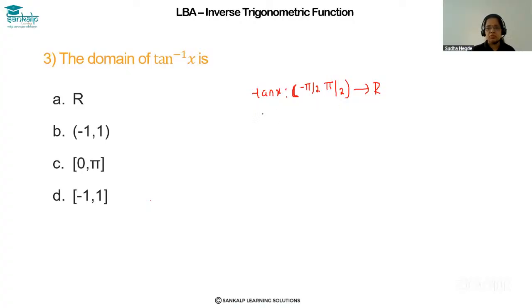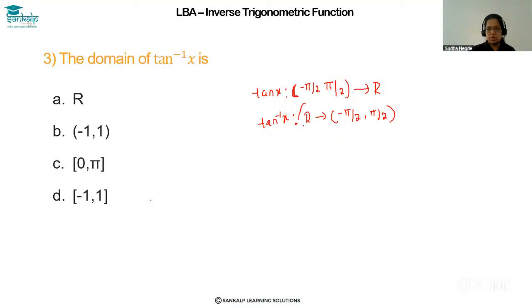Therefore, tan inverse of x exists. So, how do you define tan inverse x? Just interchange it. So, R to minus pi by 2 to pi by 2. Now, can you tell me what is the domain?